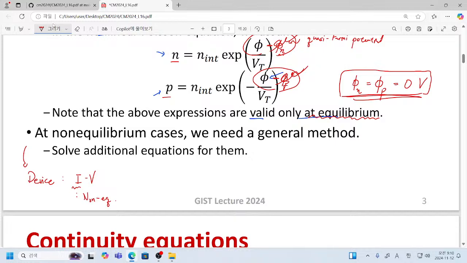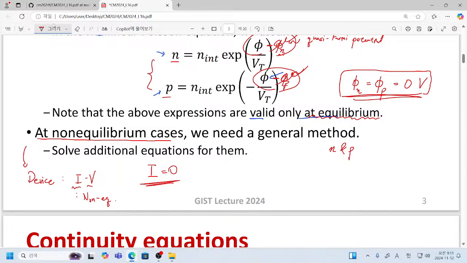Of course, if our system is at equilibrium, then the current would be just 0 without any ambiguity. Now we have to introduce an electric current by applying a voltage difference at the terminals. Therefore, at non-equilibrium, we need a general method to calculate electron density and hole density.